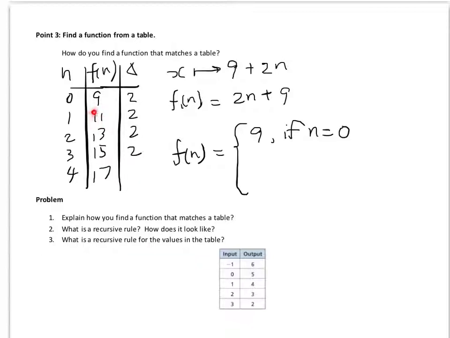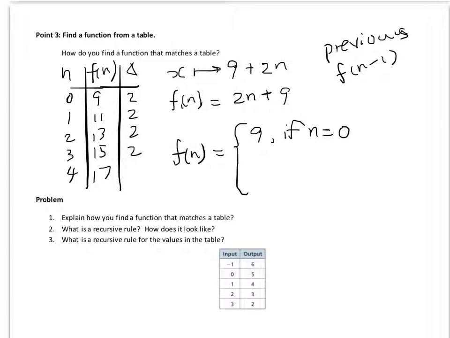What I need to get the new output is to take the previous one and then add 2. So if you want to find out what comes next after n equals 4, what would be n equals 5? That would be 19. How would you get 19? Well, you take the previous one and add 2 to it. So how do you write the previous output? You use f of n minus 1.